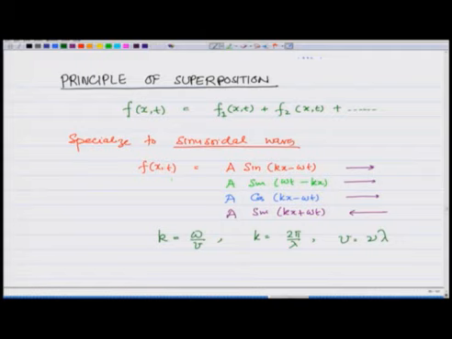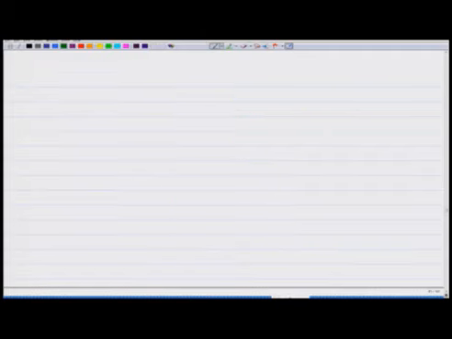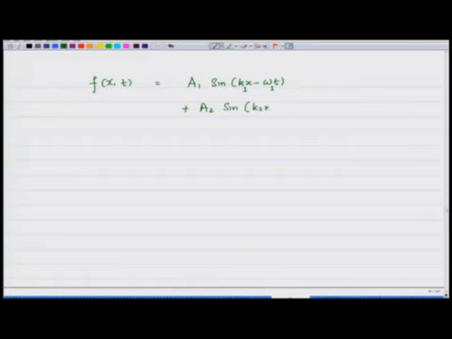So, what the principle of superposition now says is that at any point the net displacement due to different sinusoidal waves arriving is going to be amplitude 1 sine of k 1 x minus omega 1 t, plus a 2 sine of k 2 x minus omega 2 t, plus a 3 sine of k 3 x plus omega 3 t, the wave could be traveling towards the negative x direction.